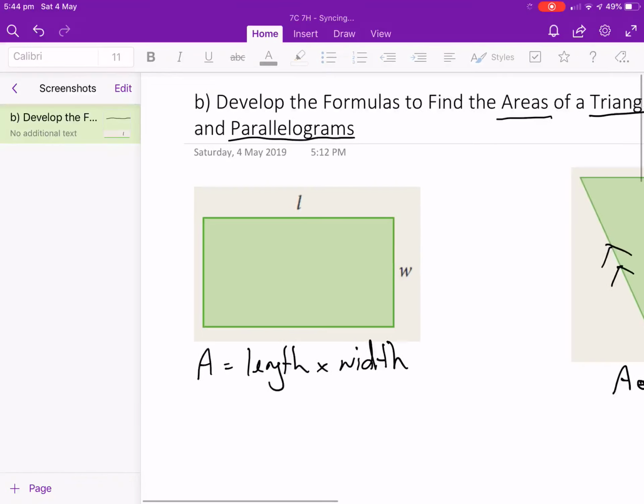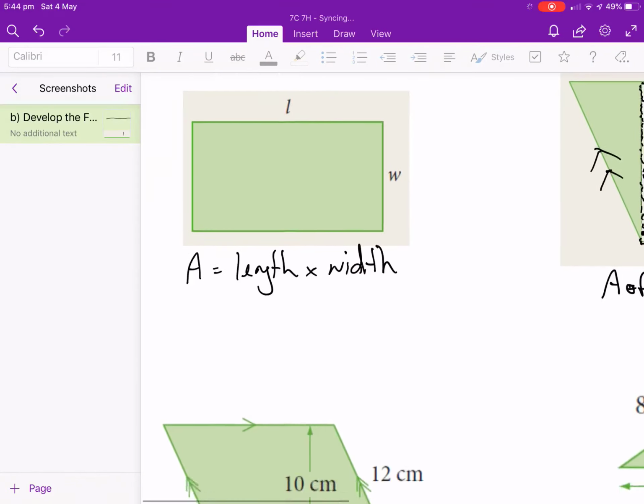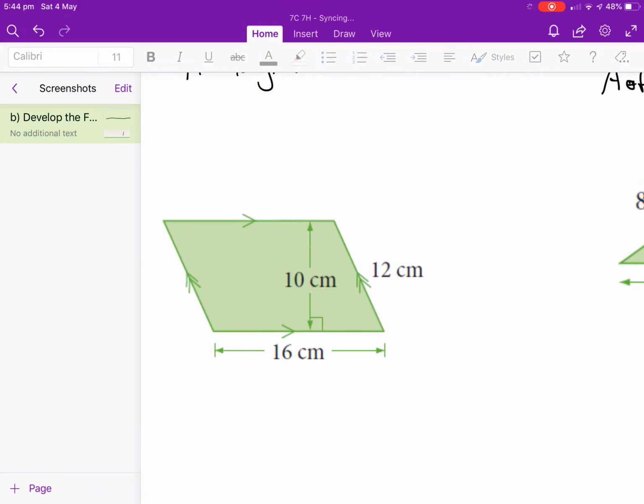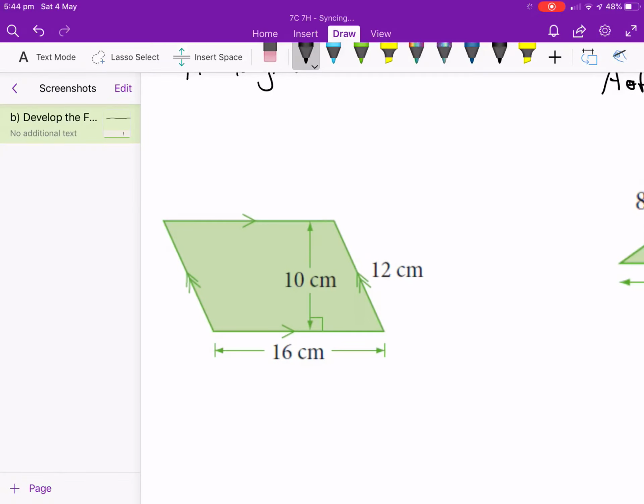We'll come over here to our parallelogram. Here's one with some dimensions on it. First thing we need to do is identify that this is a parallelogram, that's parallel to that parallel, that's parallel to that parallel. What is our height? Here it is here, because the line here has a 90-degree angle indication to this baseline.